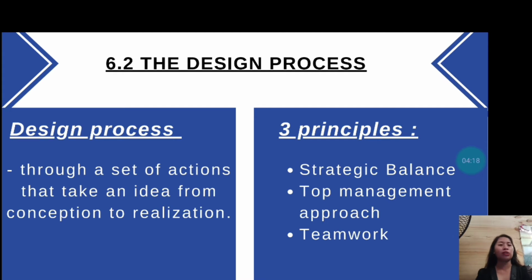So these are the three principles: the strategic balance, top management approach, and teamwork. These three principles are like standards for innovation to be successful. When you innovate, the first principle is the strategic balance.